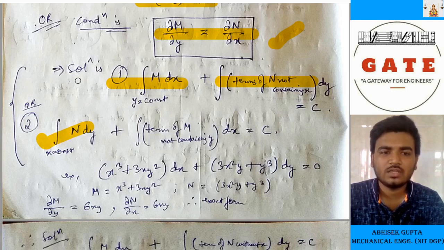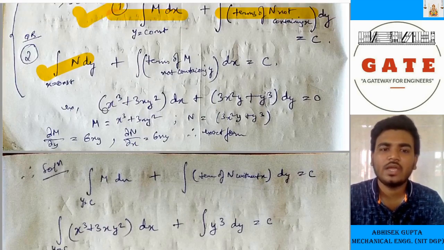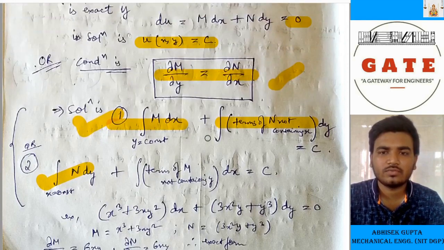But generally the first one is preferred while solving questions. For example, see here: (x cube plus 3xy square) dx plus (3x square y plus y cube) dy equal to 0.